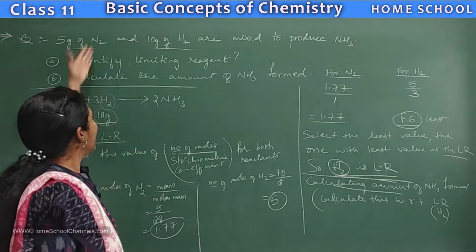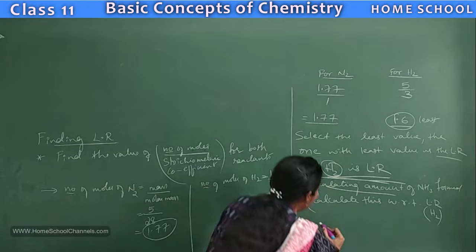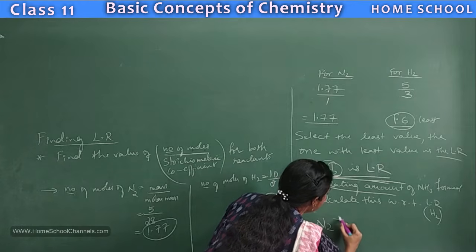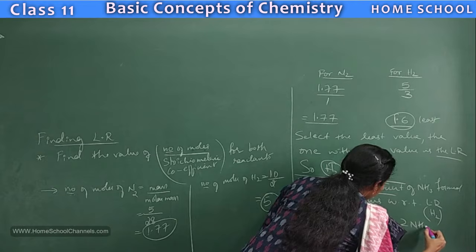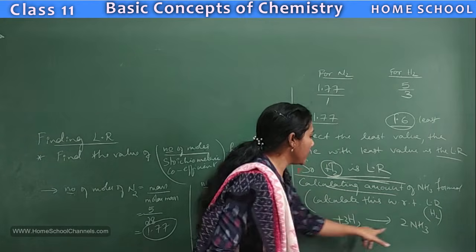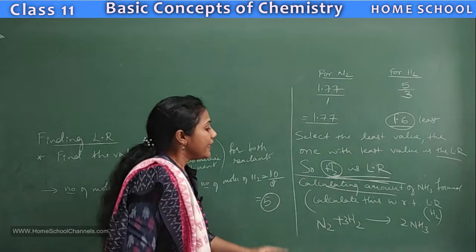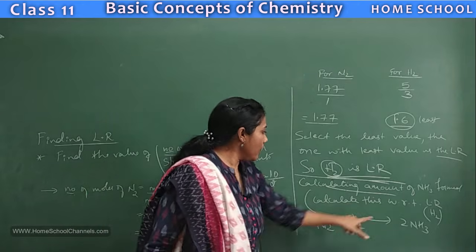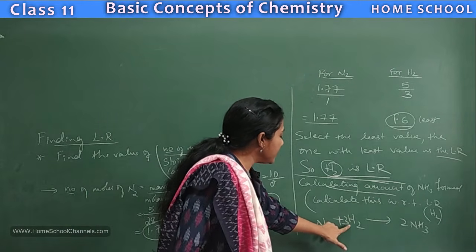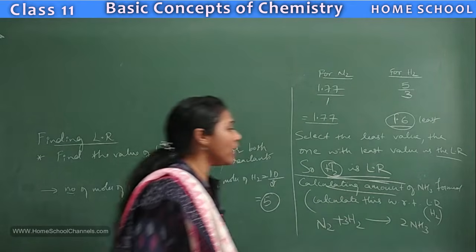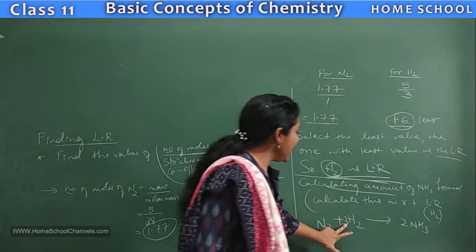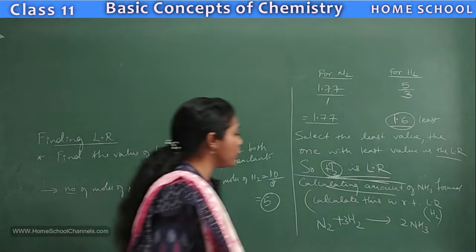Let me erase this one. See, we have a chemical reaction N2 plus 3H2 giving you 2NH3, right? Now you just pick it out from the equation that 3 moles of hydrogen is giving 2 moles of ammonia.